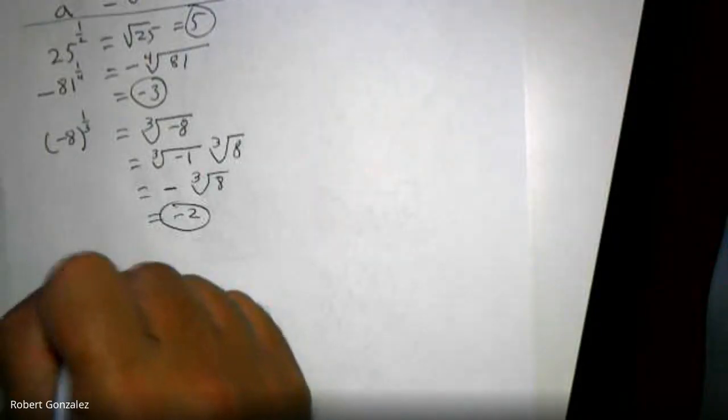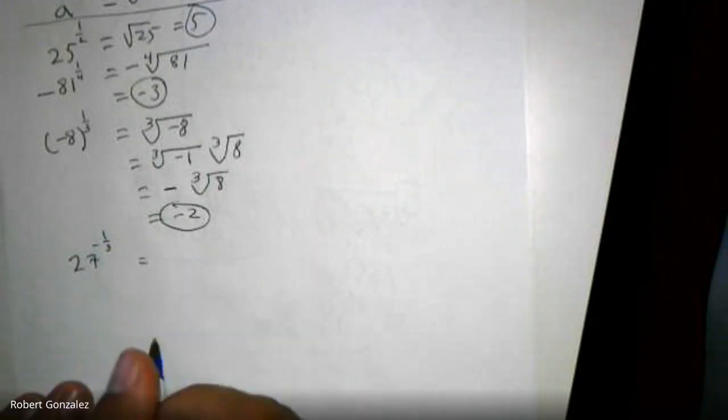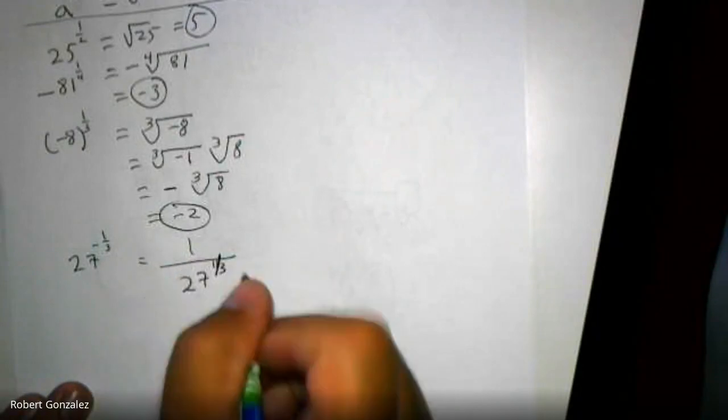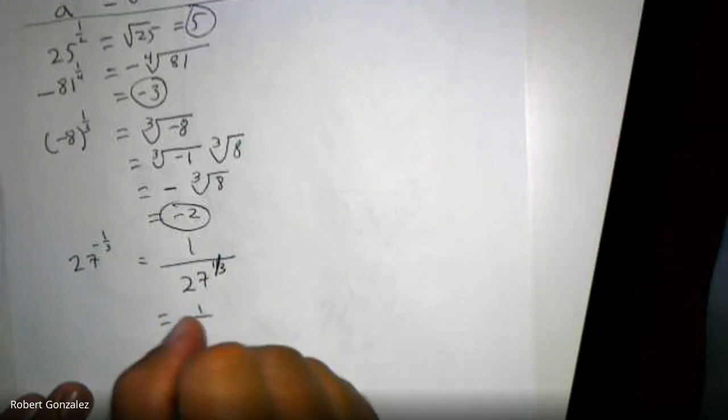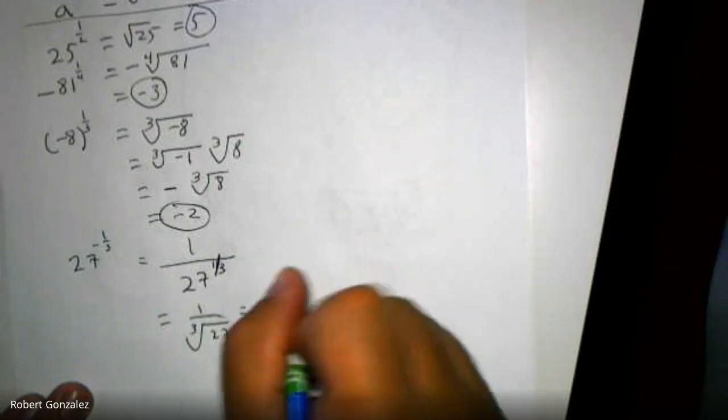And what about with negative rational exponents? Well, that just means do a fraction. And that means 1 over cube root of 27. And the cube root of 27 is just 3.